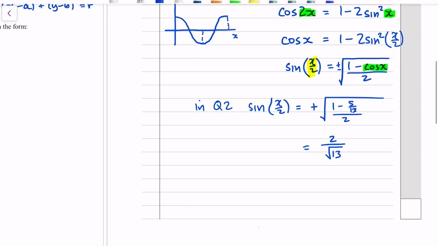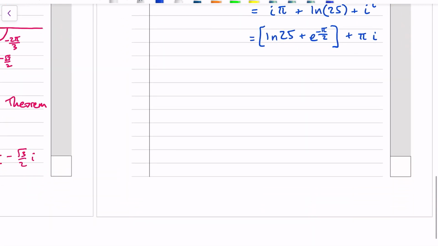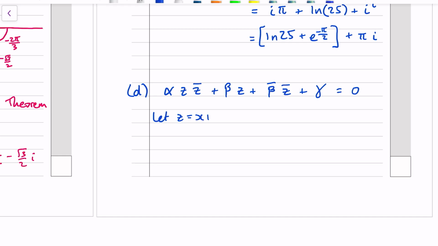Okay, so let's write out this equation that we're going to sub into. Part D. We've got alpha z, z bar, plus beta times z, plus the conjugate of beta times the conjugate of z, plus gamma equals 0. Subbing in, so let z equal x plus iy, which we normally do, but I'm also going to let beta equal a complex number. Beta is going to equal p plus qi, two letters of the alphabet that won't get involved with all of the other letters in this problem.